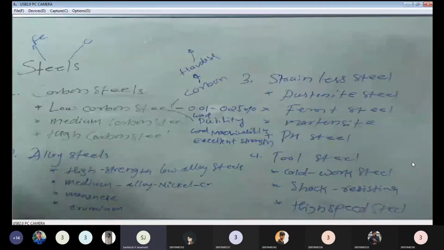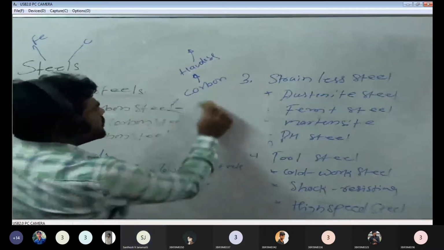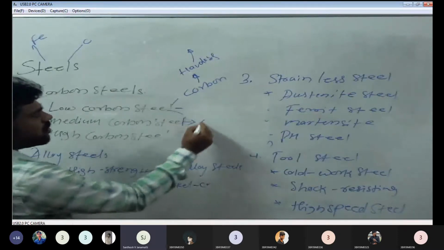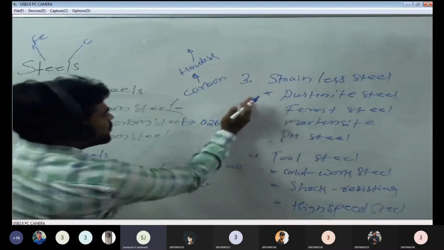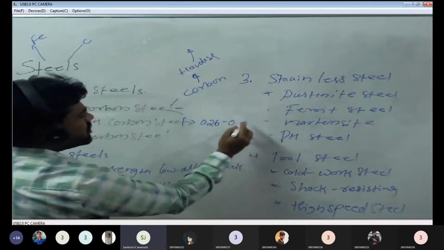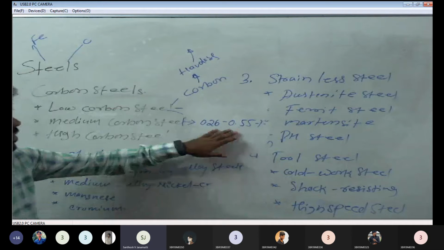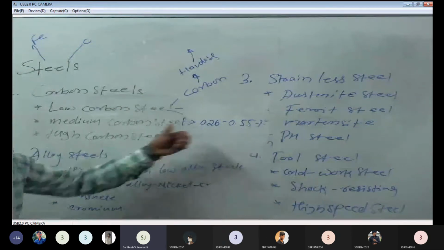Now I am coming to the medium carbon steel. Coming to the medium carbon steel, it has a carbon content of around 0.26 to 0.55 percent of the total weight of the iron. 0.26 to 0.55 is what we allow to mix with the iron.